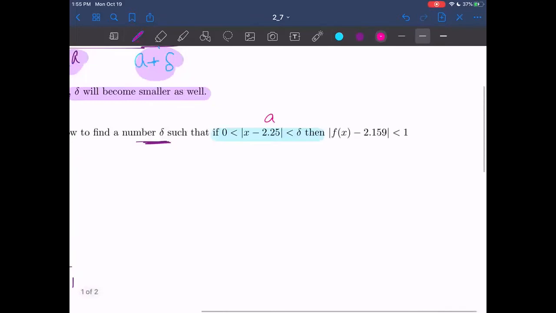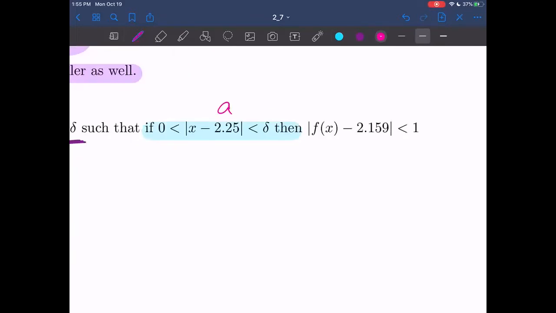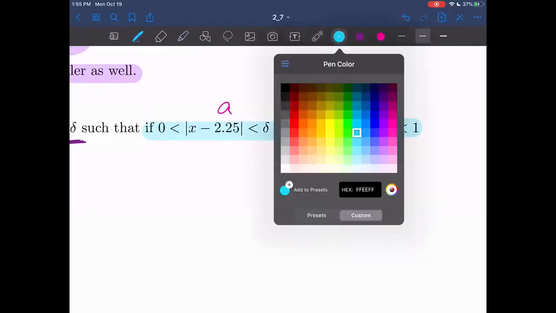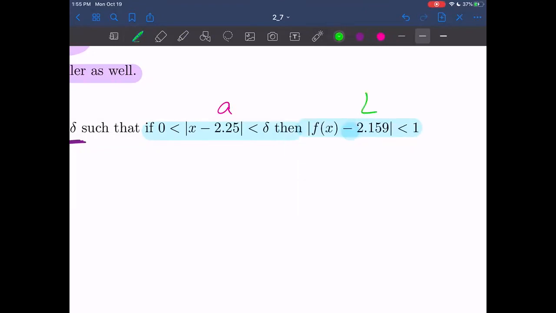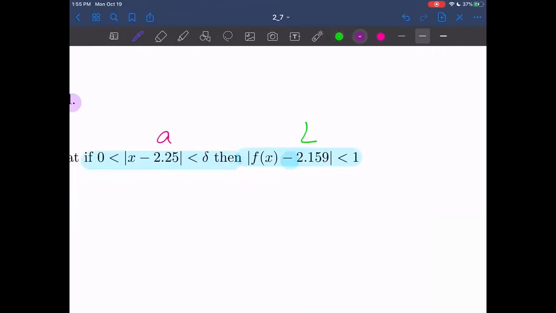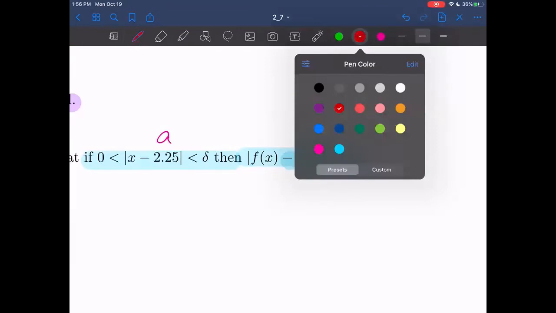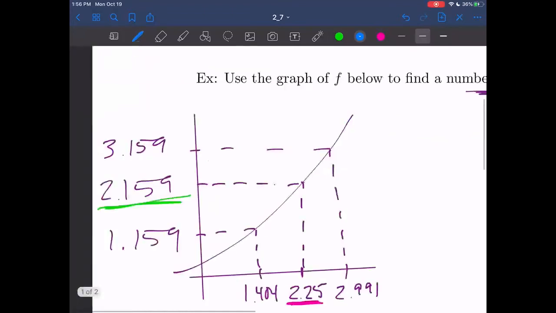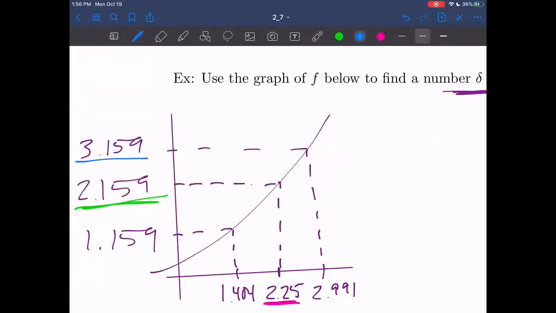Then we know that f of x minus 2.159, that's our L, so that's our limit, is less than or equal to one, so that's our epsilon. So L plus epsilon is our 3.159, and our L minus epsilon is our 1.159.